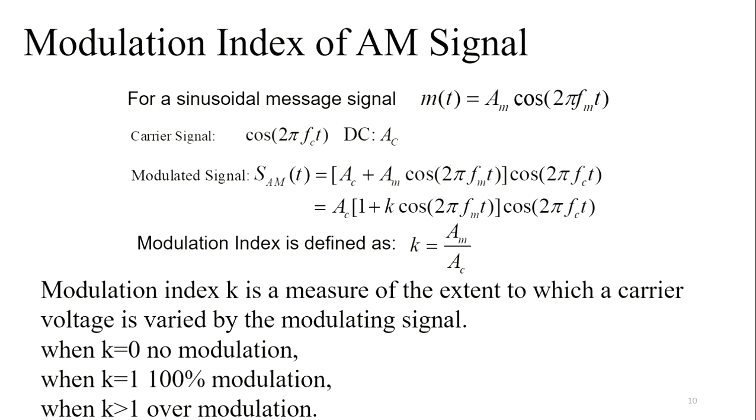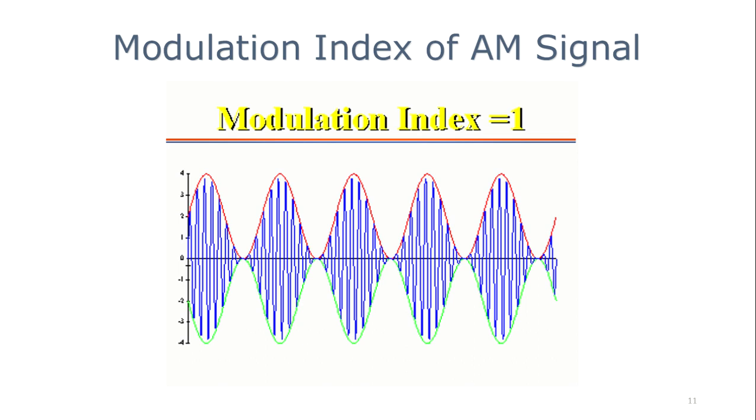When the modulation index is 0, no modulation occurs in the process. When K is equal to 1, that is modulation index equal to 1, 100% modulation is achieved. When K is greater than 1, that is over modulation, which causes discontinuity of the original signal, so signal loss occurs.